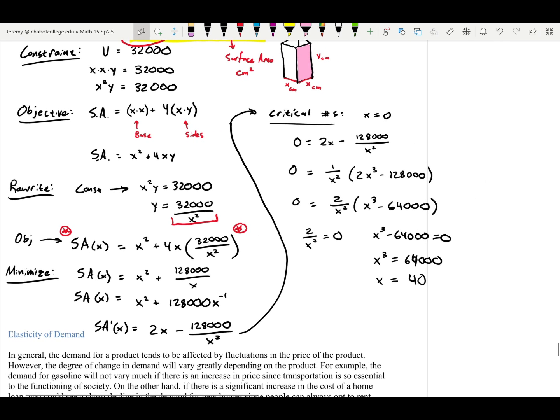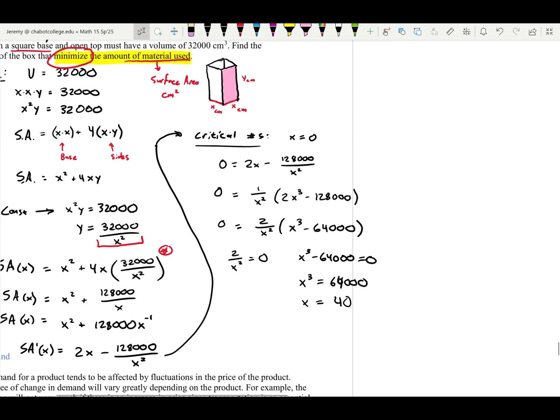All right, and then of course we do a little sign analysis. I'm gonna sort of gloss over that, but you would do a sign analysis using these critical numbers. x equals 0 is not super relevant as a critical number, because if x equals 0, then we don't have a box, right?